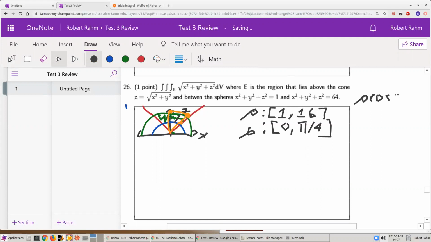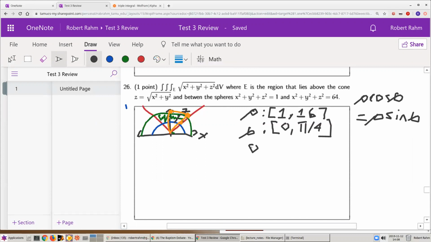That's z in spherical coordinates. Now in spherical coordinates, x squared plus y squared is rho squared sine squared phi. So the right-hand side of the cone equation is just rho sine phi. So when you're on the cone, rho cosine phi is equal to rho sine phi, which just says cosine phi is equal to sine phi. In other words, phi has to be equal to pi over 4, because remember, phi just goes from 0 to pi.